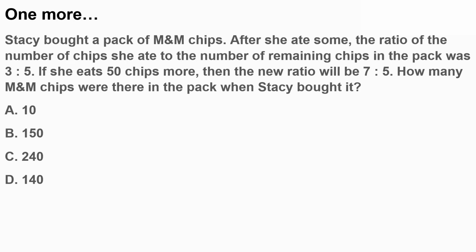Okay, let's read that. Stacy bought a pack of M&M chips. After she ate some, the ratio of the number of chips she ate, the eaten chips, to the number remaining is 3:5.